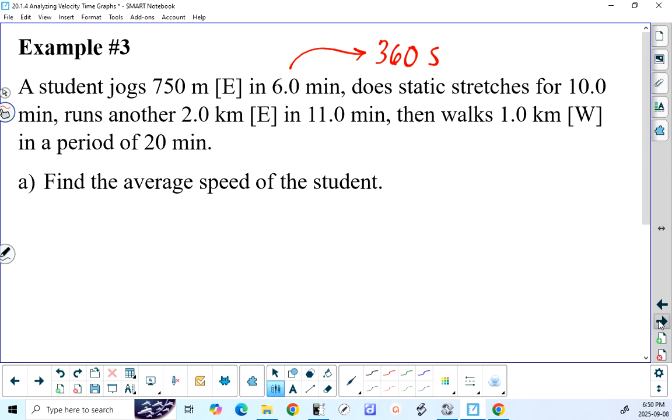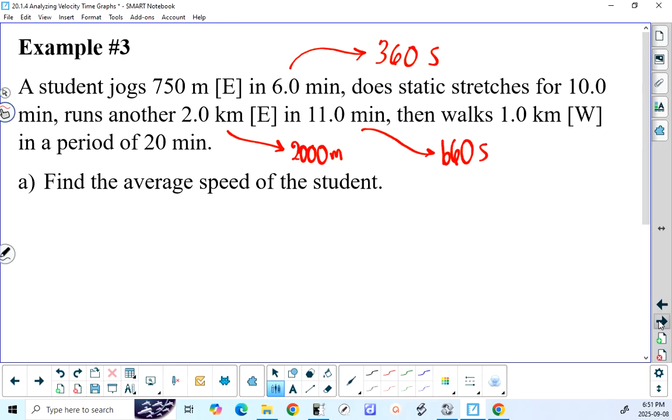Then they run another 2 kilometers. Well, we should put that into meters. 2 kilometers is 2,000 meters. They're still going east, and then they're going to take 11 minutes to do that last part. So 11 times 60, I believe, is 660 seconds.